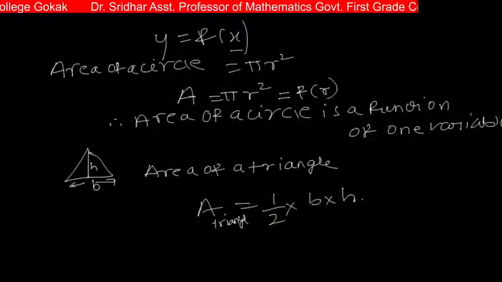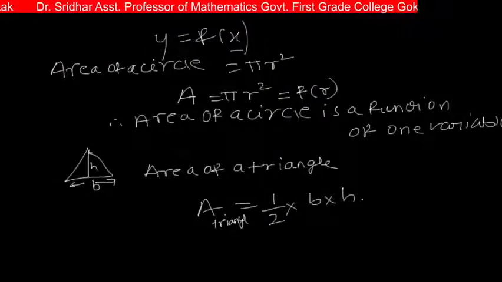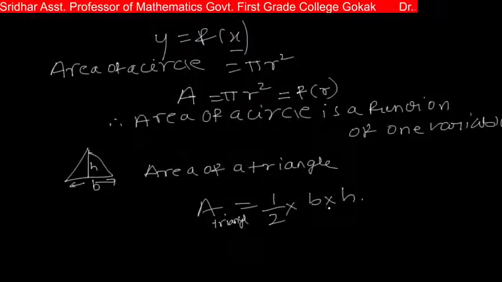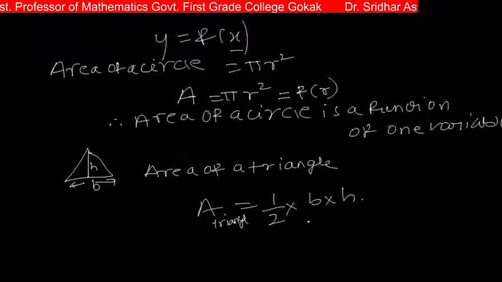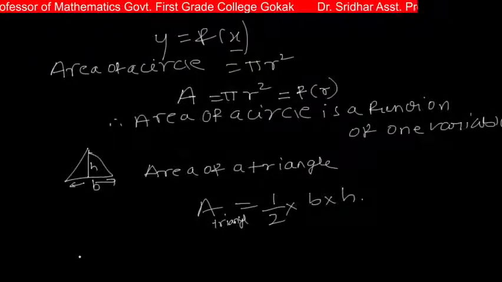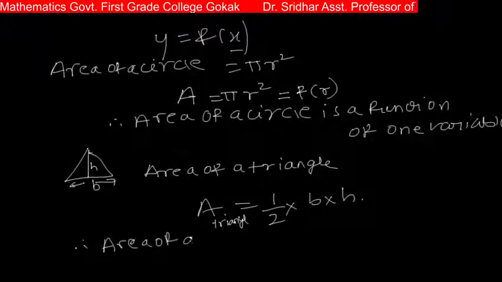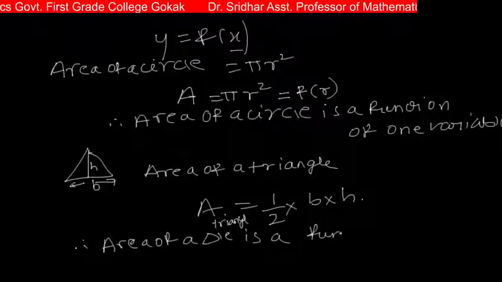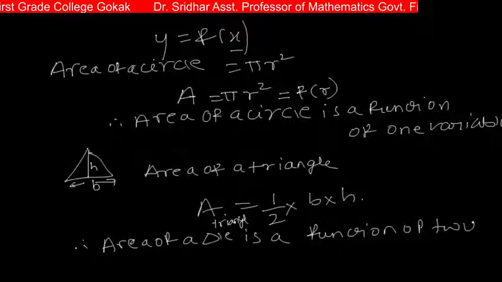If you know only one variable, then you cannot calculate the area. Therefore the area of a triangle is a function of two variables.